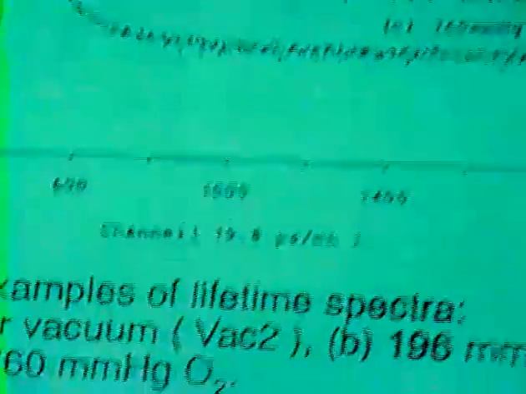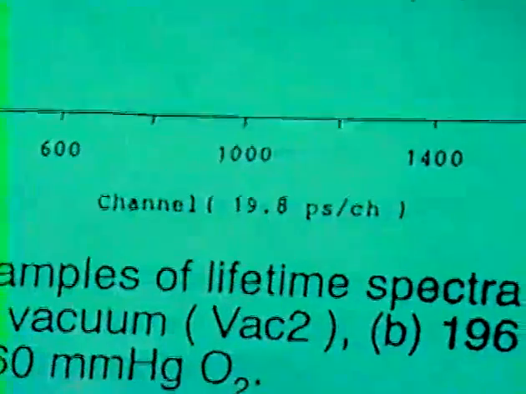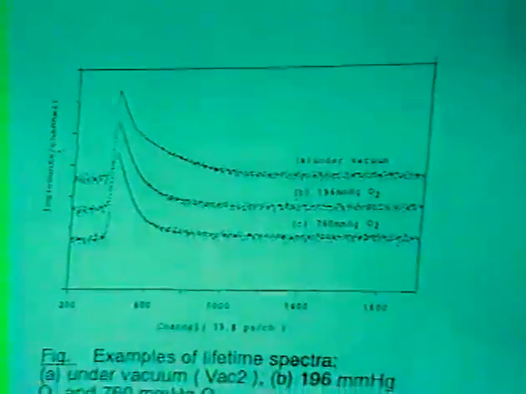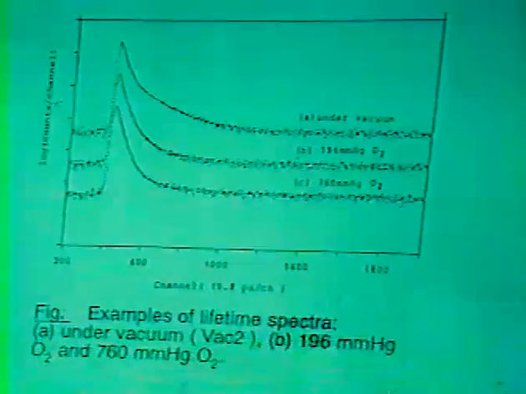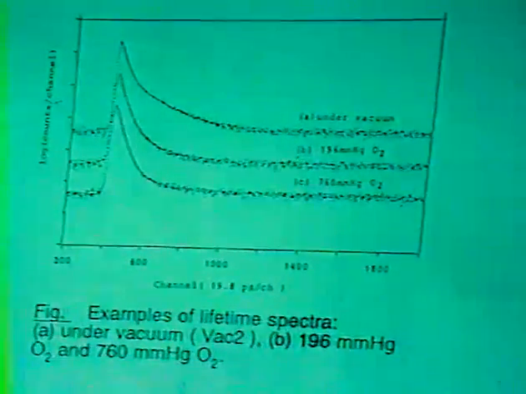The long lifetime part was changed. We decompose this part into 3 components: lambda 1, lambda 2, lambda 3, decreasing the annihilation rate.